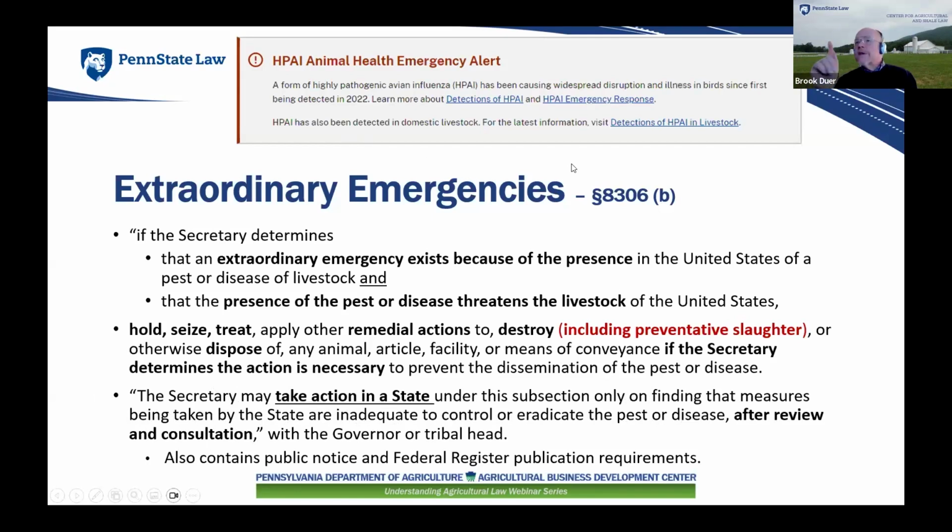Now, as far as I know, we are in fact in one of these extraordinary emergencies, and that's why this particular notice at the top of the screen appears all over the USDA-APHIS website. Now, I believe that last little bullet has already been taken care of due to cooperative agreements between states and USDA that are put in place in advance of having to do that.